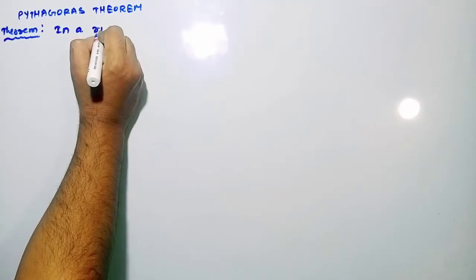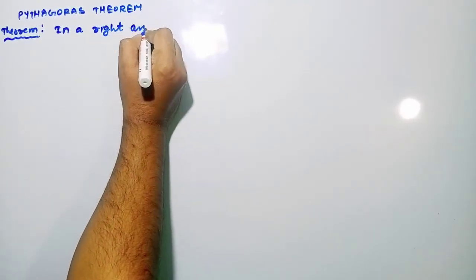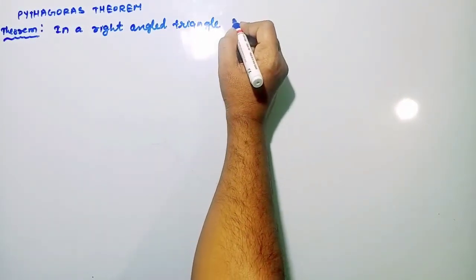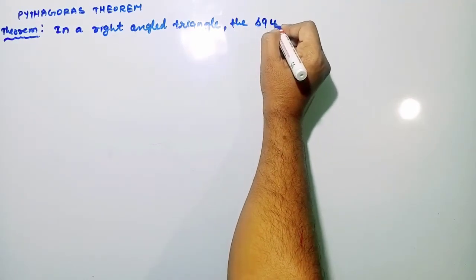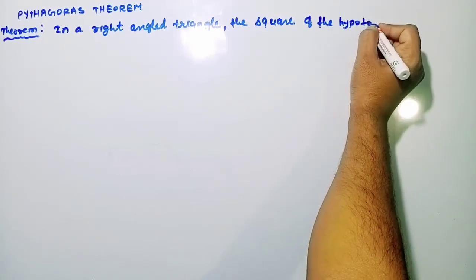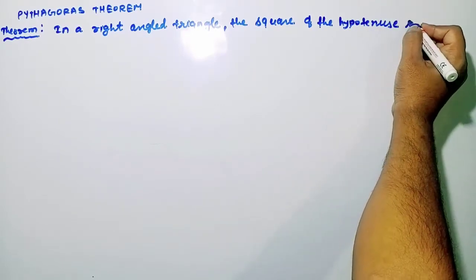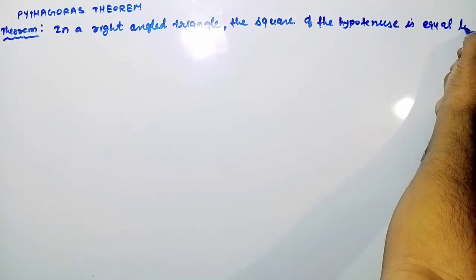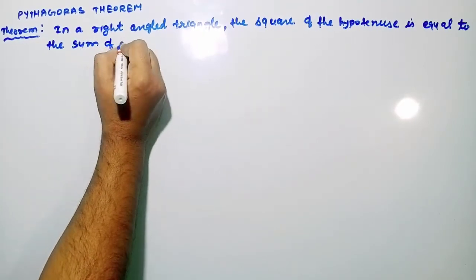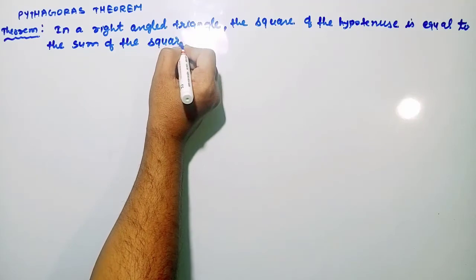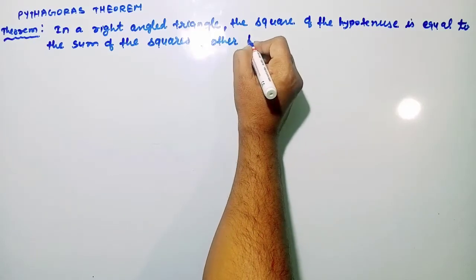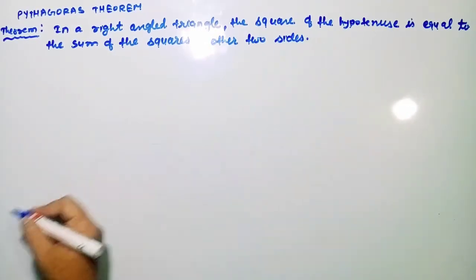In a right angled triangle, the square of the hypotenuse is equal to the sum of square of any other two sides, right?